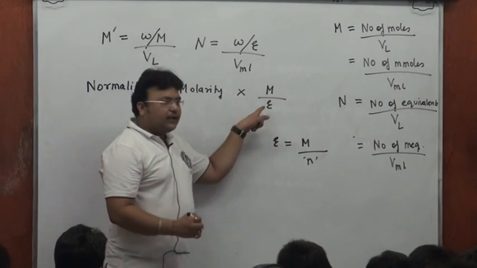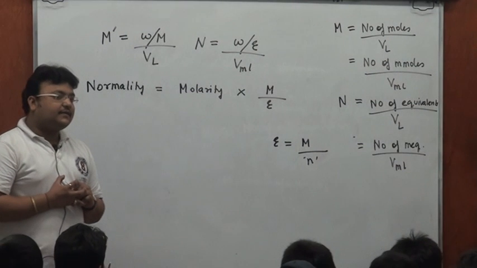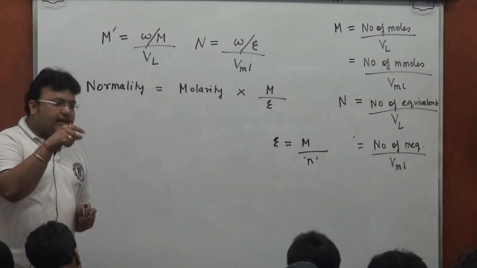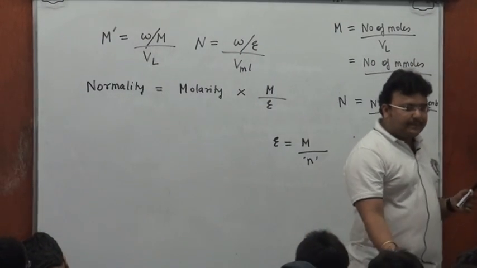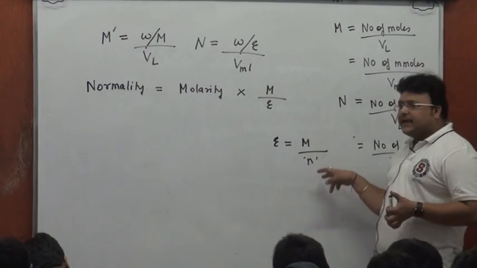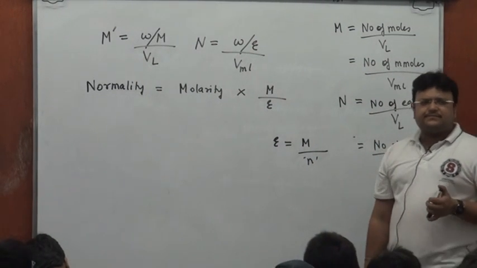So M by E will be equal to the n factor. We are writing equivalent weight as molecular weight upon something in the denominator, and that used to be the n factor. So certainly the ratio M by E has to be the n factor.